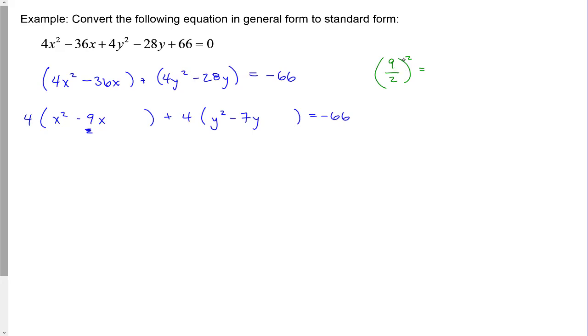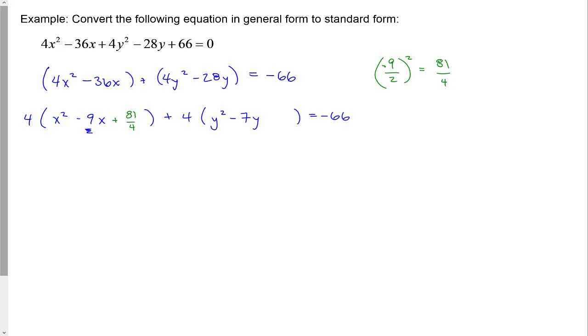So 9 squared, and technically speaking, this is negative 9 halves, but I'm going to square it, so it's going to become positive anyway. So 9 squared is 81, 2 squared is 4. So what I would do is add 81/4 right there.